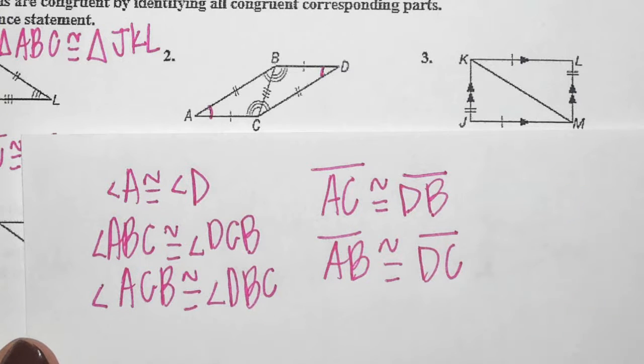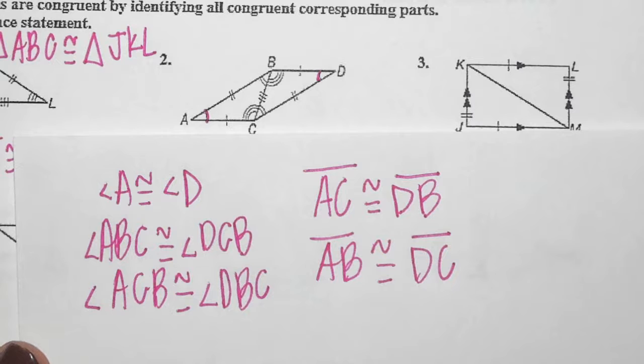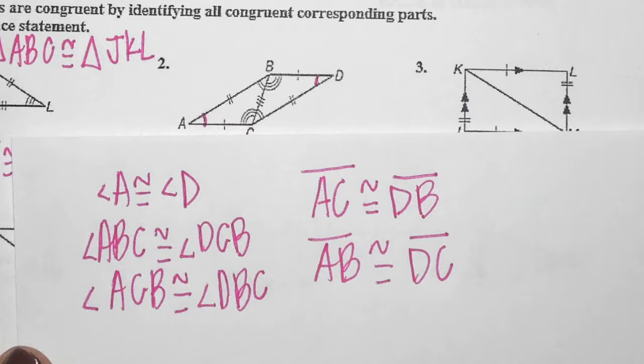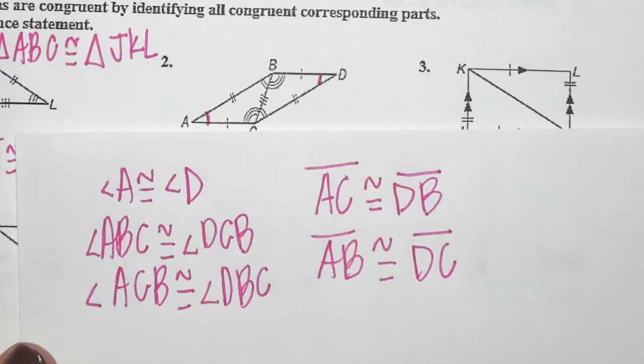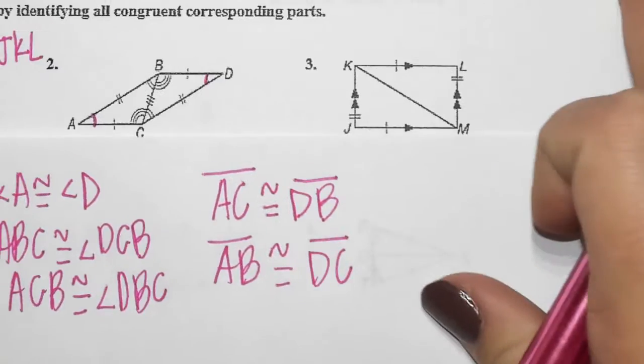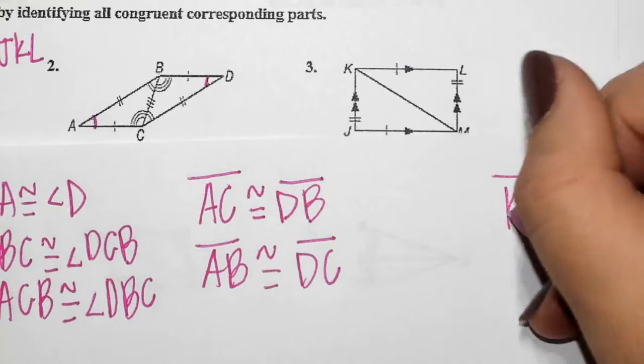Good. Okay. Do you remember in 2.6 when we were proving algebraic proofs, and we learned, or in any proofs actually, and we learned the reflexive property? Do you remember the reflexive property? It means whatever, like say we say KL.